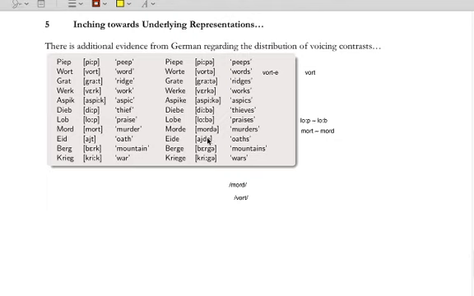And so we know that whatever operation is changing the underlying lexical features in the underlying representation, it has to be targeting this context where things are phonologically predictable, and not this context where things are phonologically unpredictable. So you can't do a voicing process that will account for all the words in this German data set.